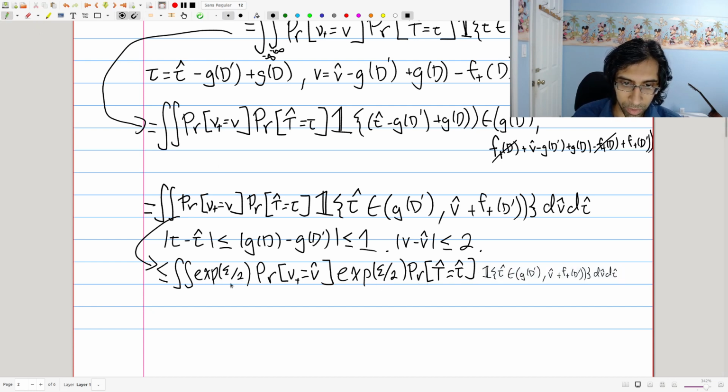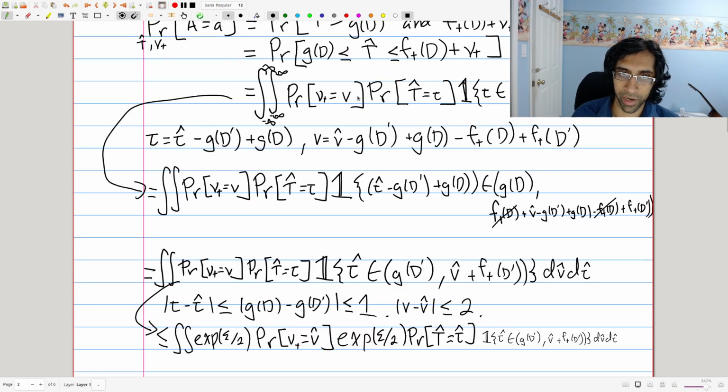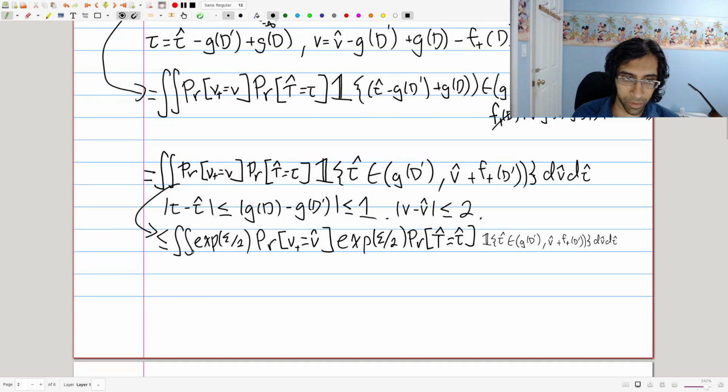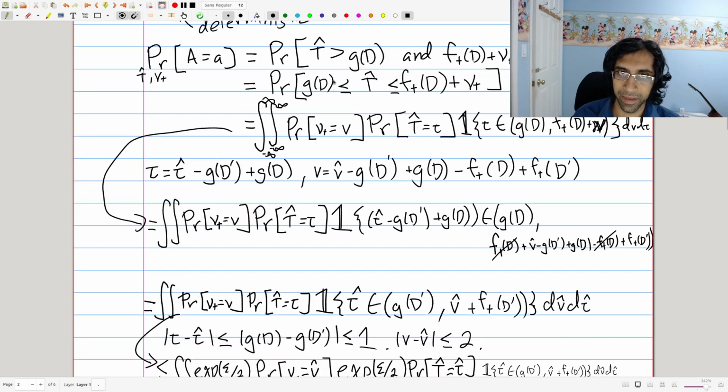Now this looks incredibly similar to what we had before, so we can move backwards. It shouldn't be too hard to pull this out. You pull this out here and this here, and that gives you an e to the epsilon. But the remaining terms are precisely what you had way back here.